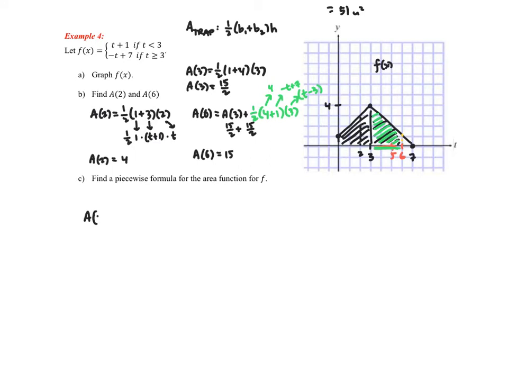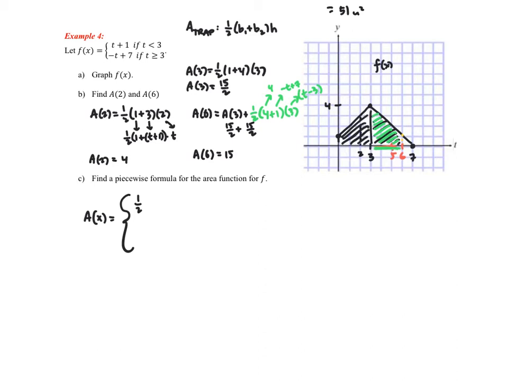So let's build the area function in terms of x. And we've kind of already done it. We took a 1/2, and of course, oops, I had a little mistake up here. I took 1/2. The first base here will always be a 1. The second base will be whatever f of t equals at that x value.